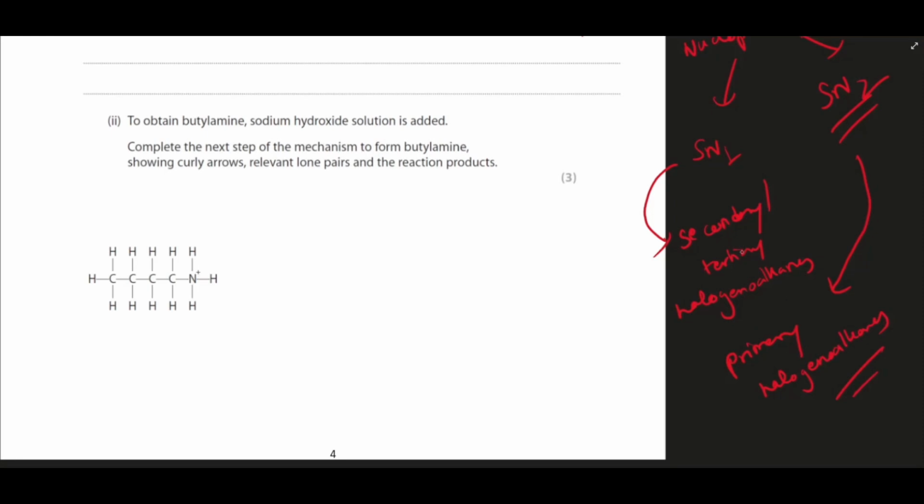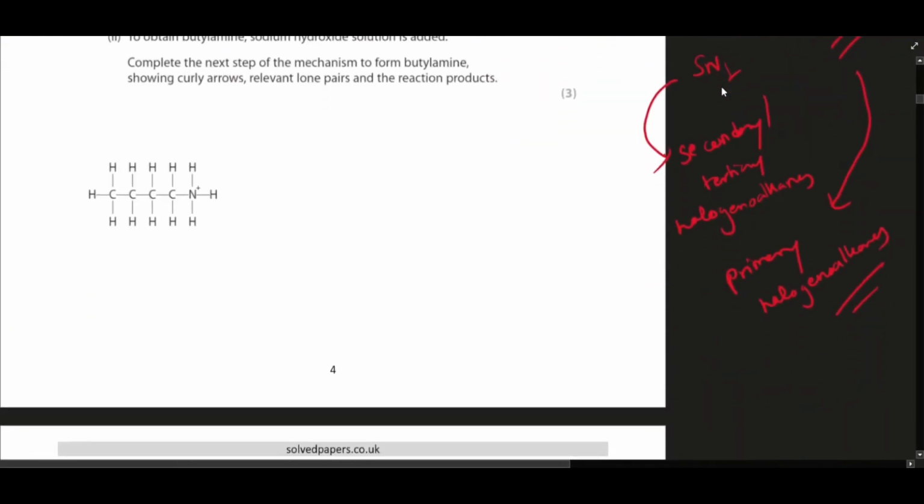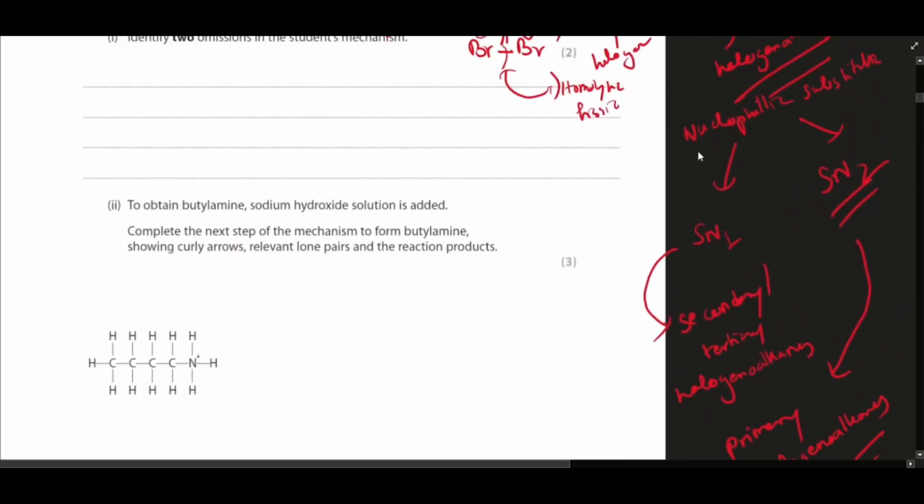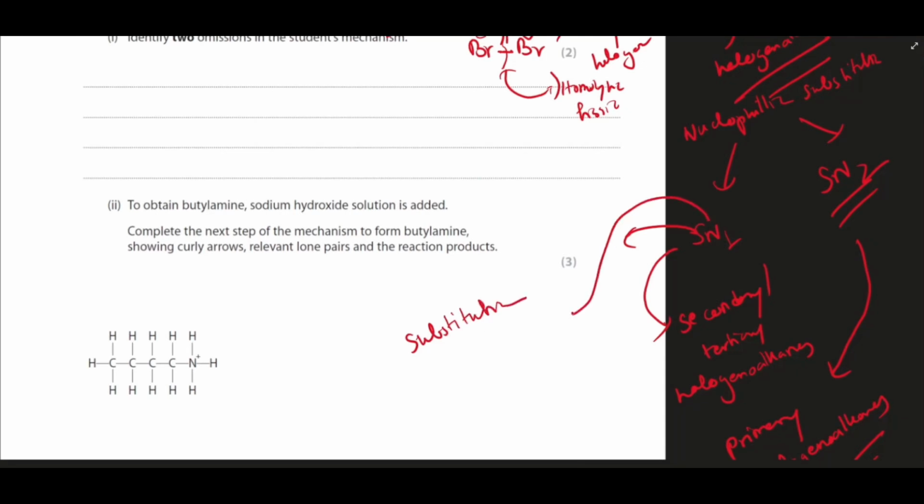I think you can understand what is the difference between primary, tertiary, secondary, right? Yeah, so remember that. Now, why? What does S mean? S means substitution. N means I think it's nucleophilic. Yeah, nucleophilic substitution.